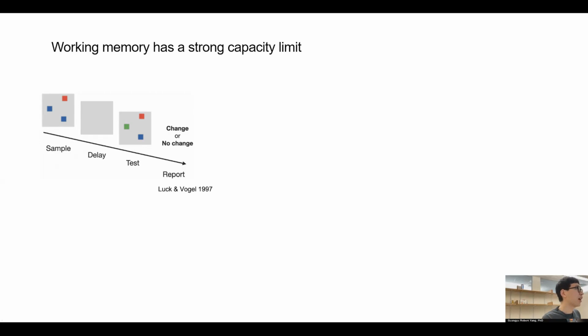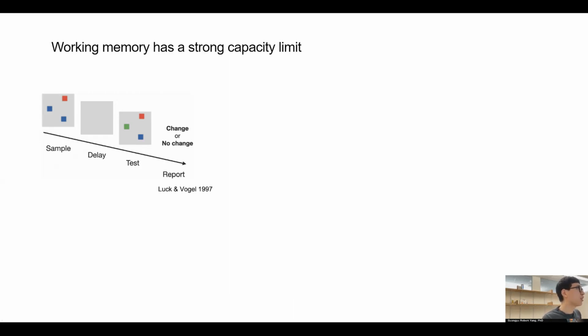In this particular paradigm, which we'll call a change detection task, you're first shown in the sample period, for example, 3 colored squares. It can be less, it can be more. The number of colored squares is called the set size, and the arrow here is the time in the task.